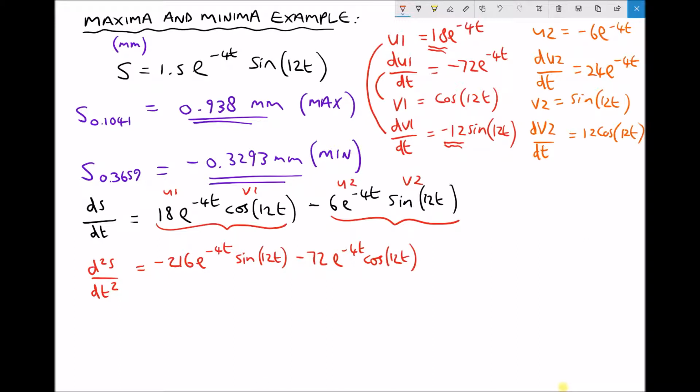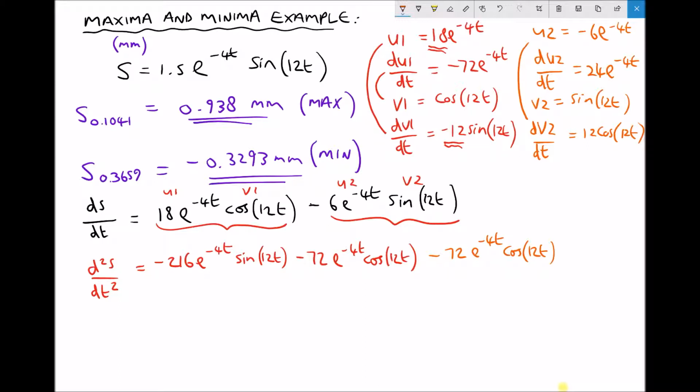Now we need to repeat that for u2 and v2. So we need to add on u2 dv2 by dt. These two here multiplied together. Now minus 6 and 12 is minus 72. So we have minus 72 e to the minus 4t cos 12t.